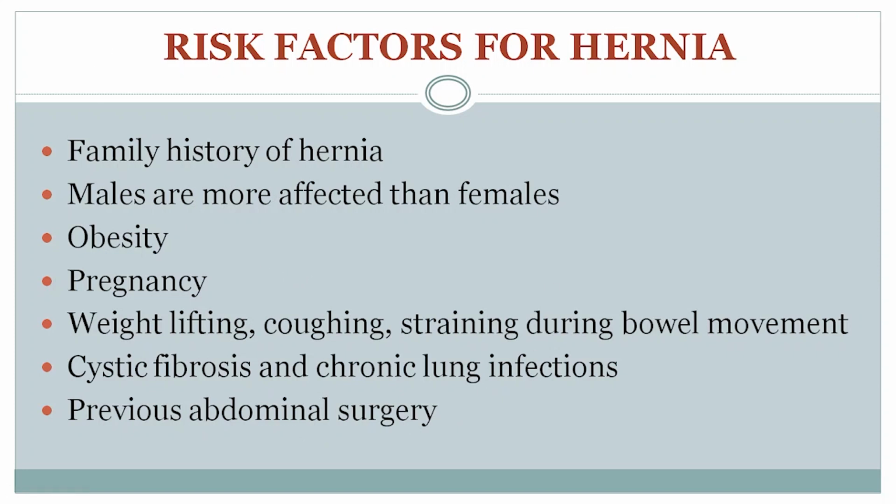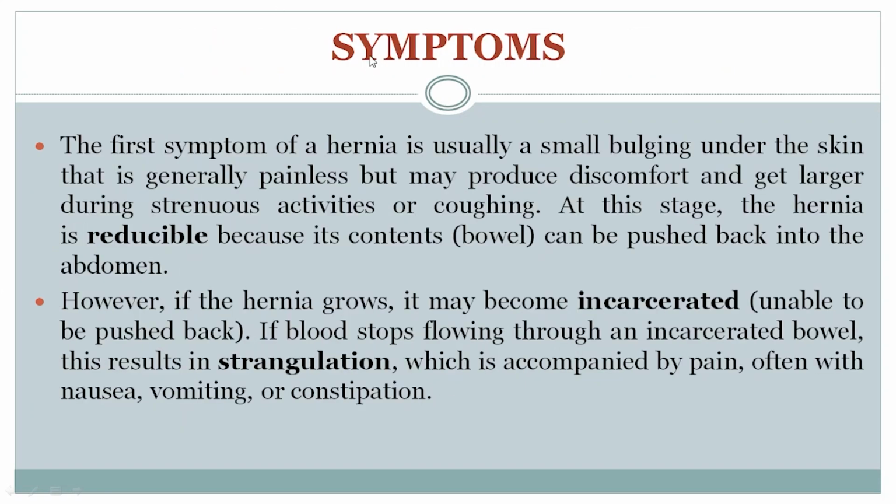So when a patient comes with some symptoms of hernia, we need to check these risk factors as well. Symptoms. The first symptom of hernia is usually a small bulging under the skin that is generally painless, but may produce discomfort or get larger during strenuous activity or coughing.